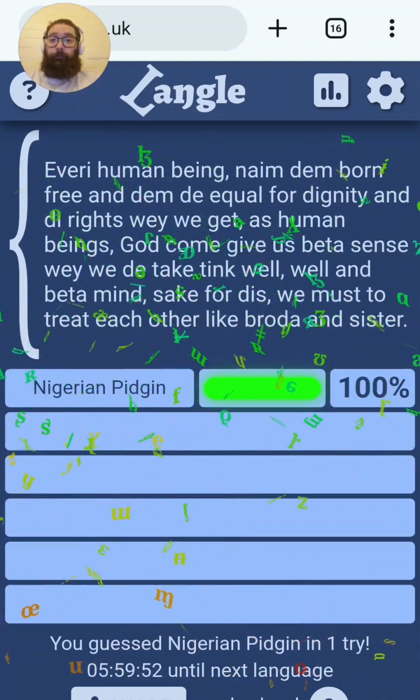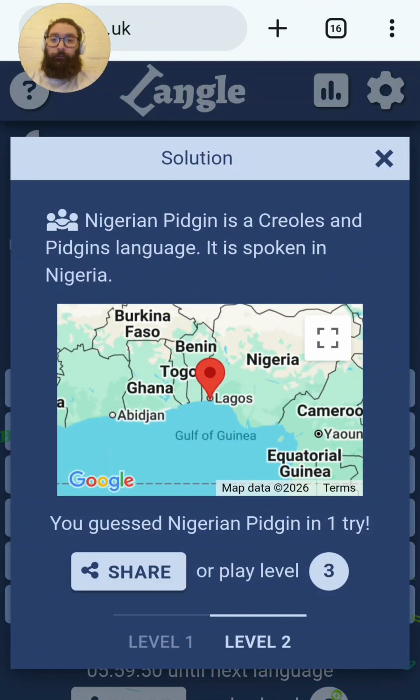Tok Pisin has a few different things to it. In particular, some of the words would be pronounced in different ways because they are a fusion of English with languages spoken in Papua New Guinea, which have different phonologies and vocabularies to those spoken in Nigeria.